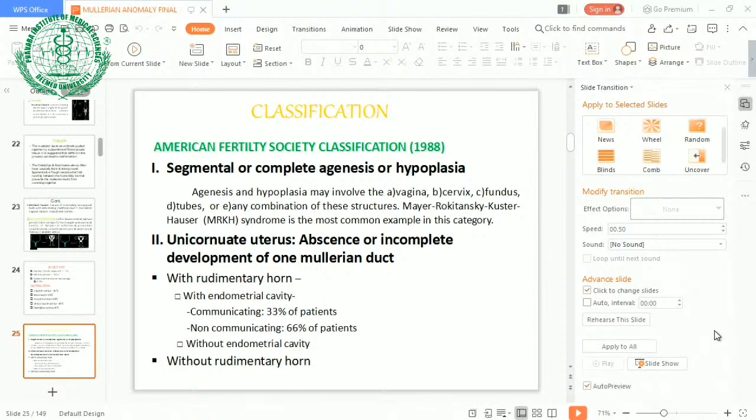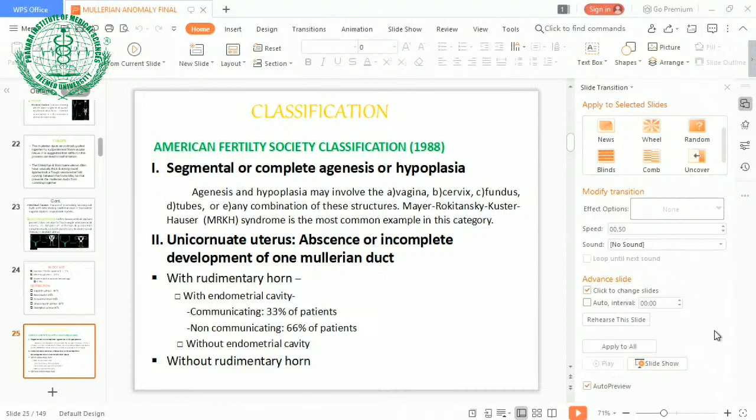American Fertility Society classification, AFS classification, says that class 1 is segmental or complete agenesis or hypoplasia. Agenesis and hypoplasia may involve vagina, cervix, fundus, tubes, or any combination of these structures.